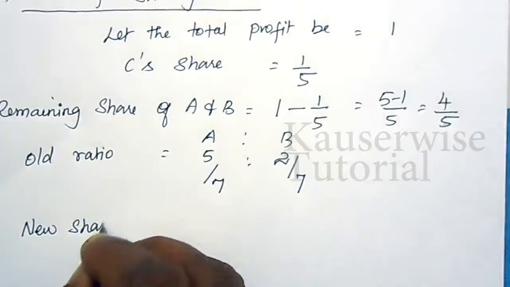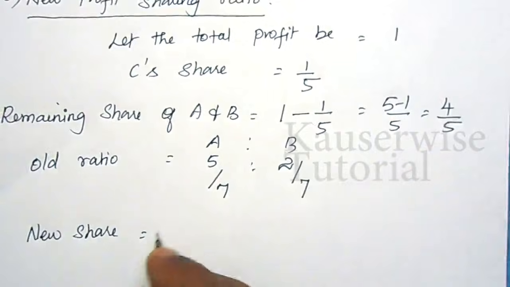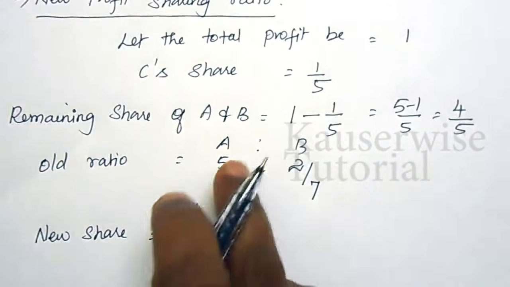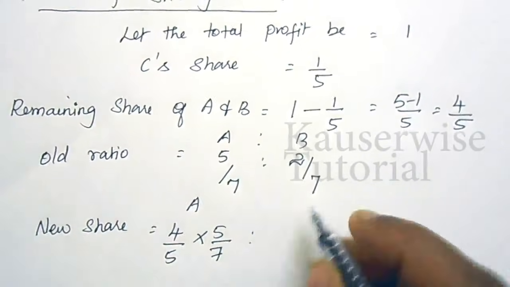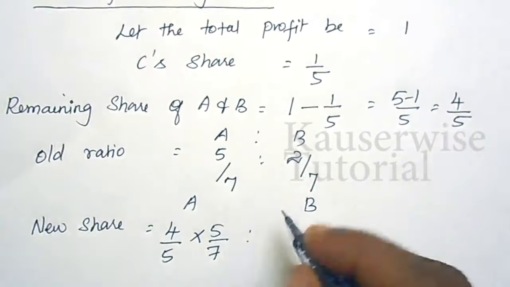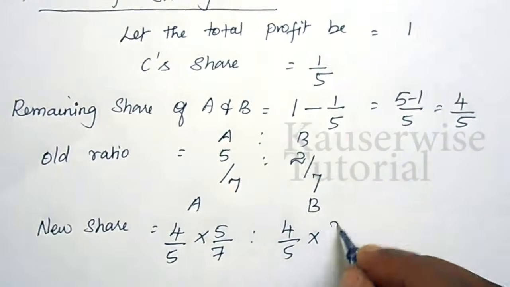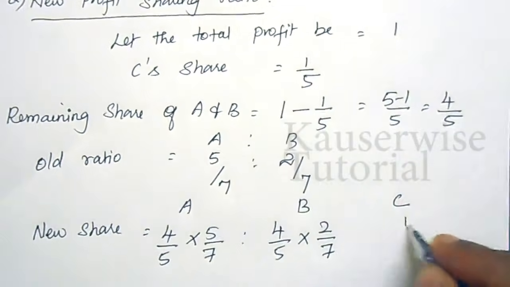New share is equal to the remaining portion 4 by 5 into A's share, old ratio 5 by 7. For B, the remaining portion 4 by 5 into old ratio 2 by 7. For C, that is 1 by 5.